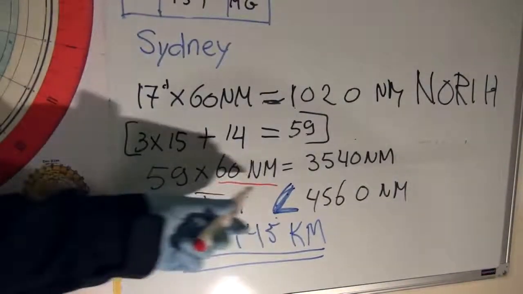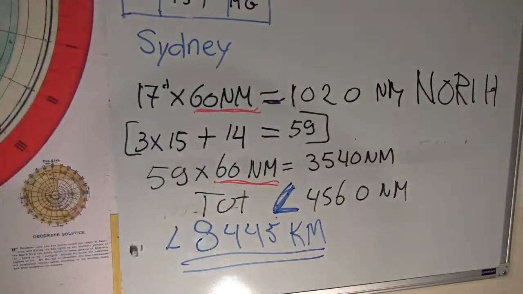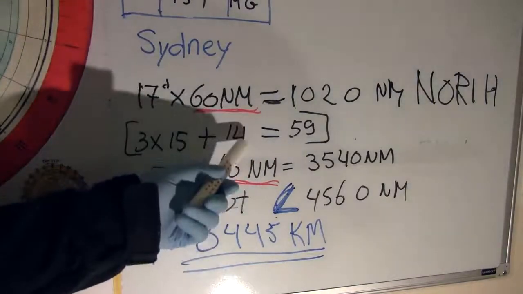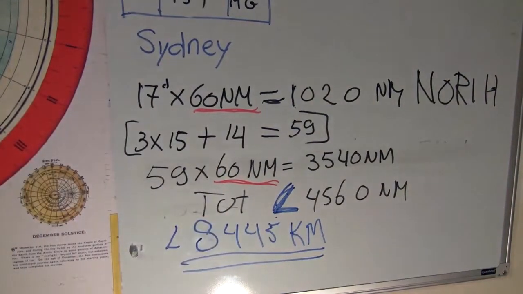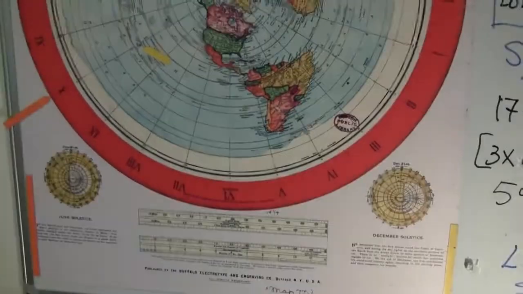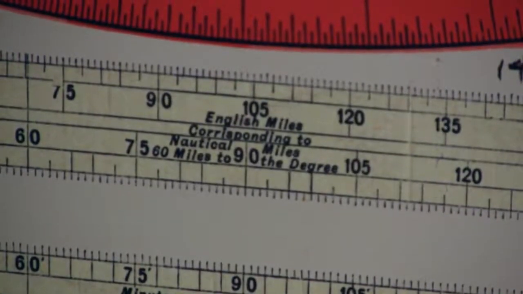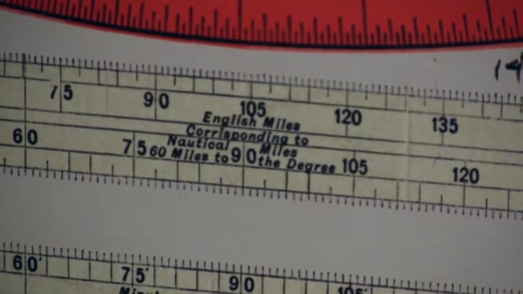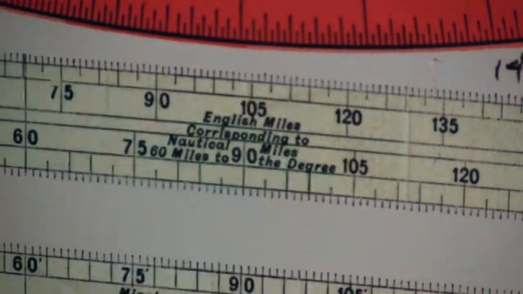Why 60 miles? To answer this question, we have to read between the lines. And it says, "60 miles to the degree."